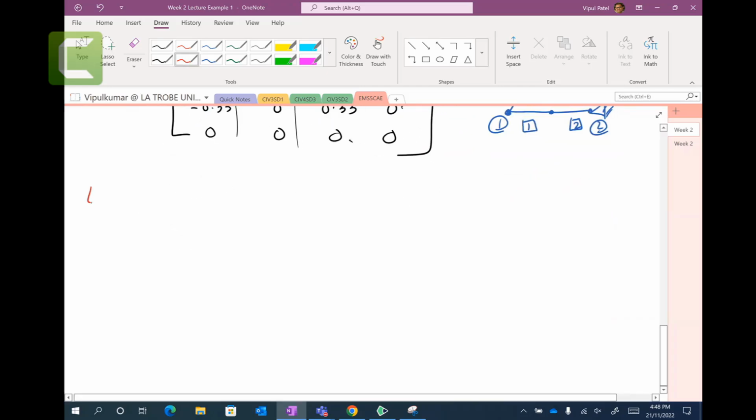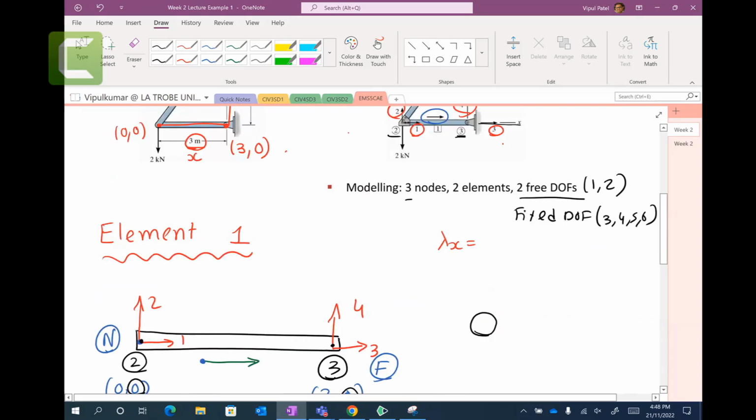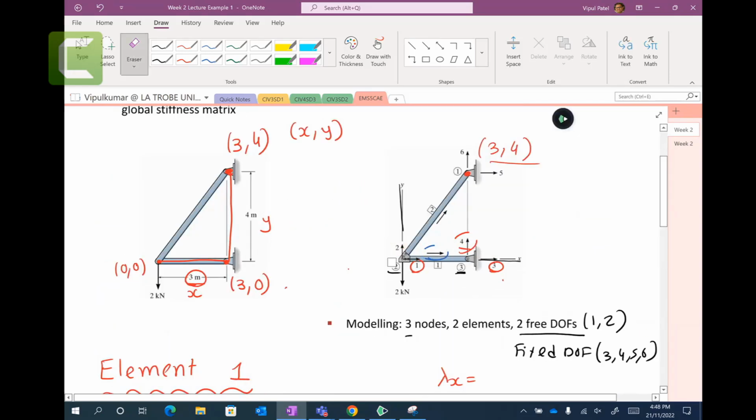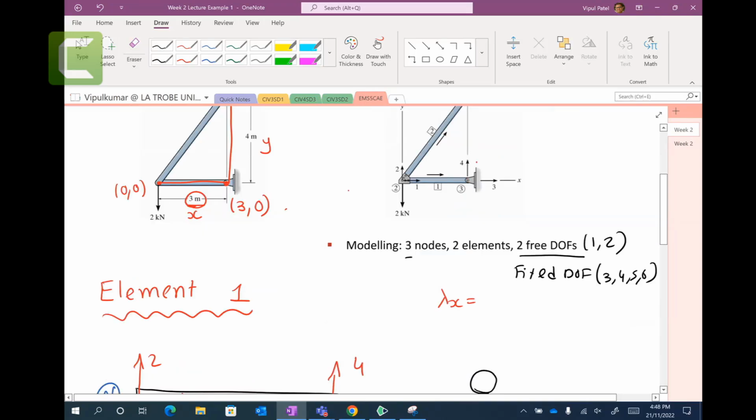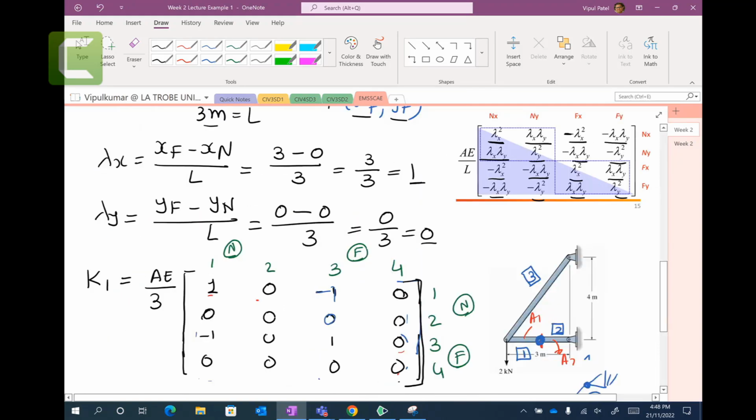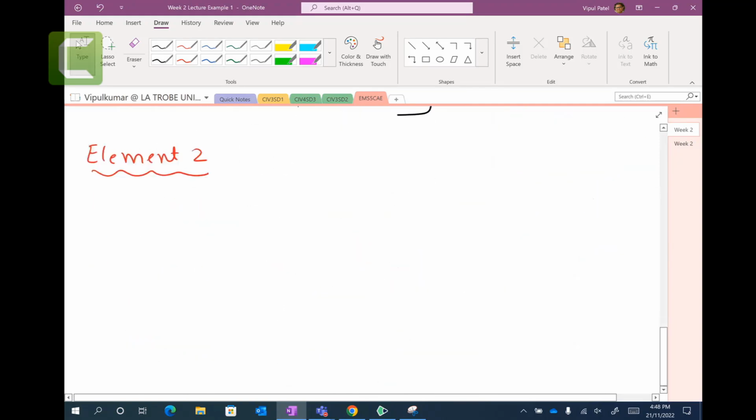Element number 2. We forget about element number 1. We just work out element number 2. Let me draw this element number 2 for you. I will redraw these elements. Let me get this element number 2 for you here so we can see it.